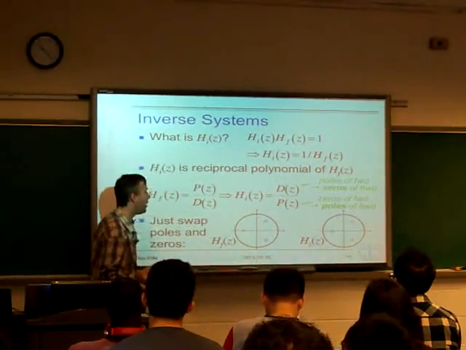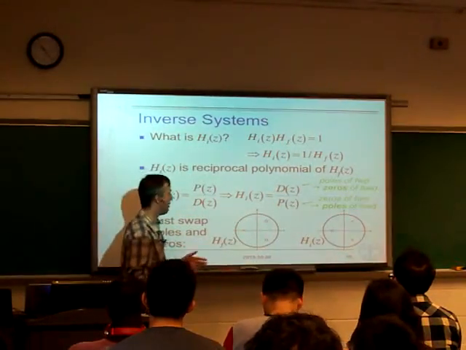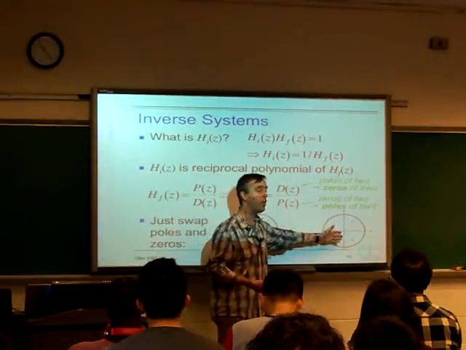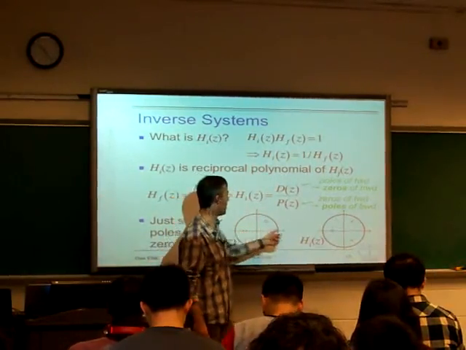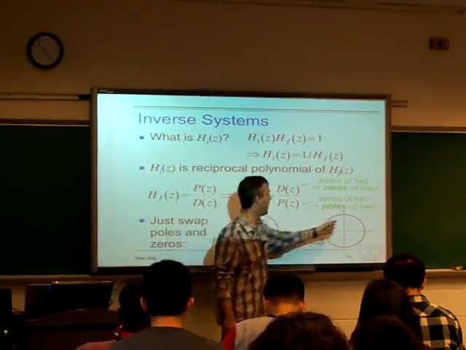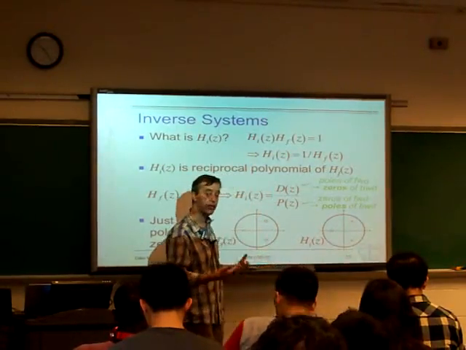And then what happens when we apply both of these systems in sequence is that we get the union of all these roots. But because the zero sits right on top of the pole here, and these poles sit right on top of these zeros here, we're going to get pole-zero cancellation for all the roots.